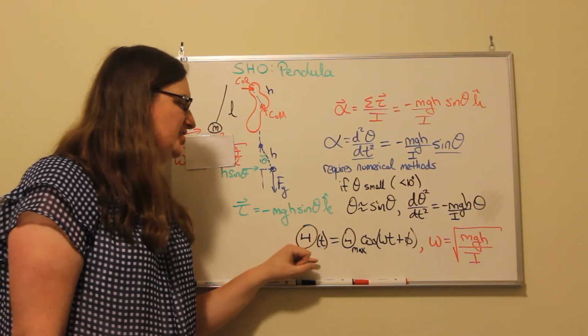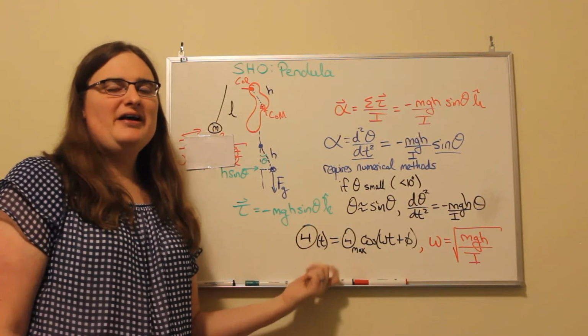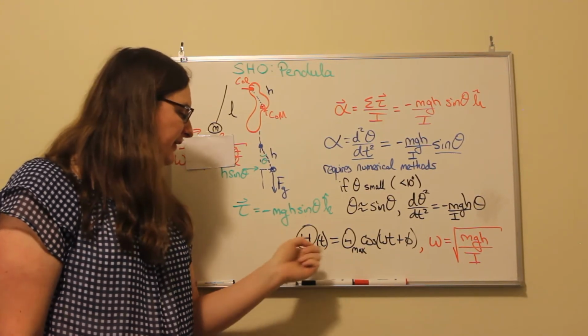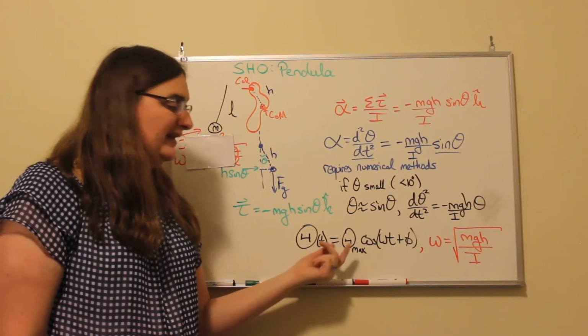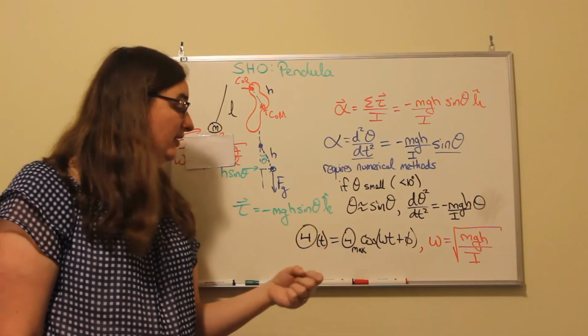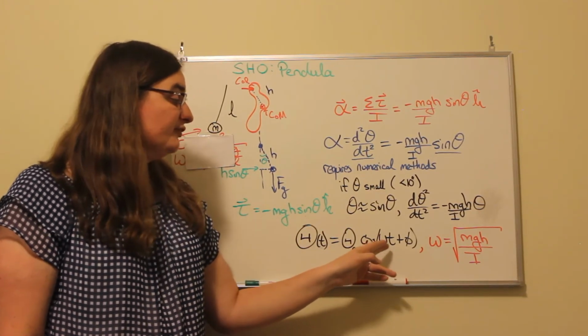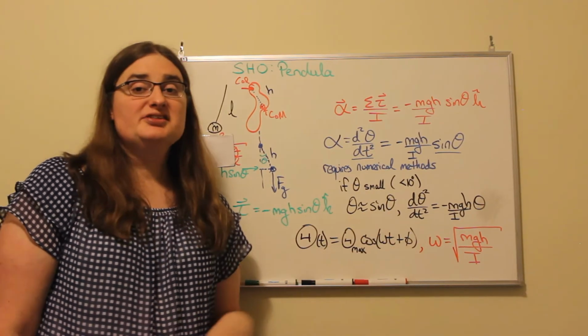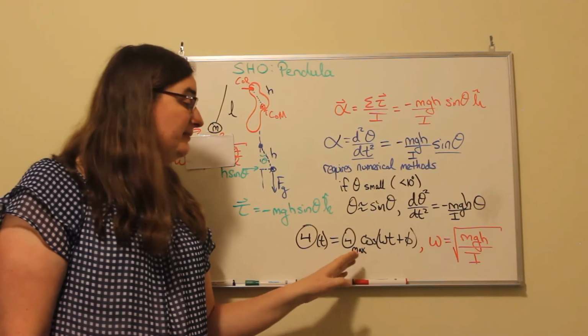I'm going to change up my angle to use a capital theta for my function of angle. That's going to have a format equal to our maximum angle of displacement times the cosine of an angular frequency omega times time, plus some phase offset.